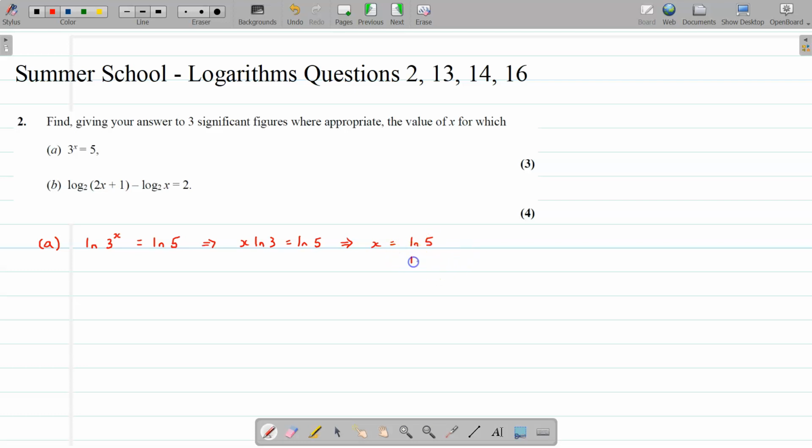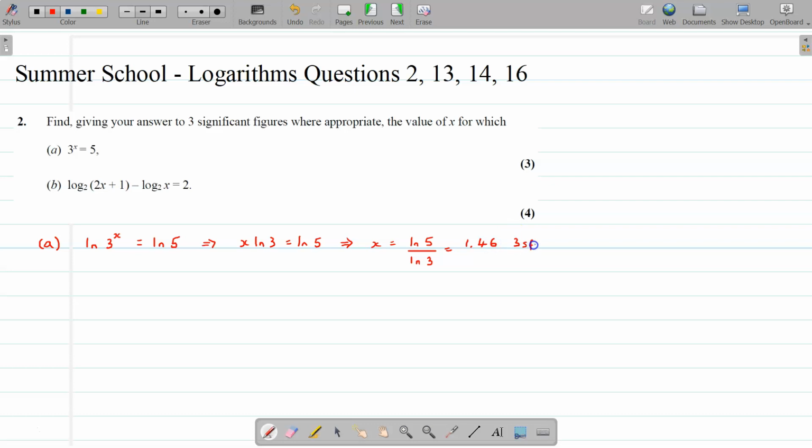If you put that into the calculator, you are required to give the answer to 3 significant figures where appropriate, and it gives 1.46 to 3 significant figures.